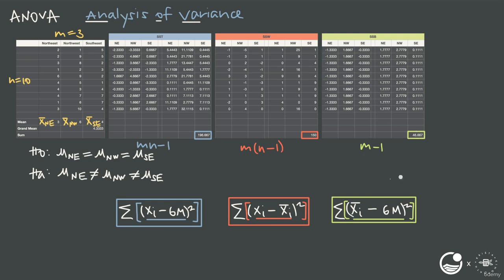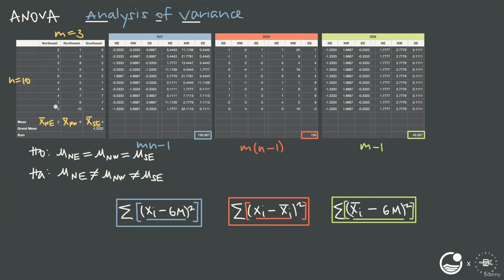Now, that was a lot of numbers, but the concept being conveyed here is actually pretty simple. If we go back to this sum of squares within chart, this whole middle area in red, all we're trying to look at is the amount of variance within each of these individual groups. If we focus on just the Northeast, the mean is 3, and we have 10 data points.